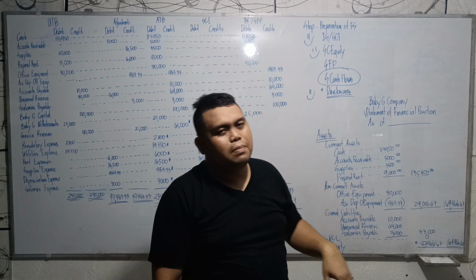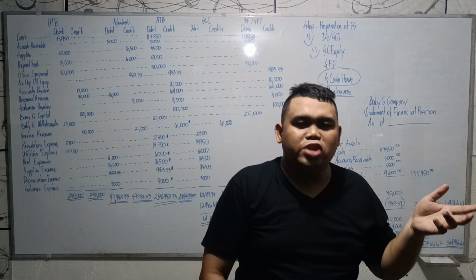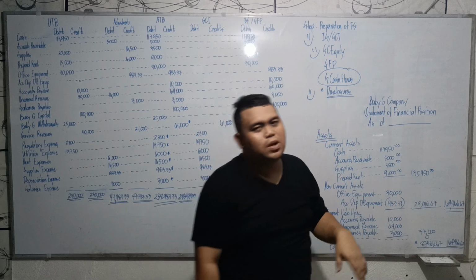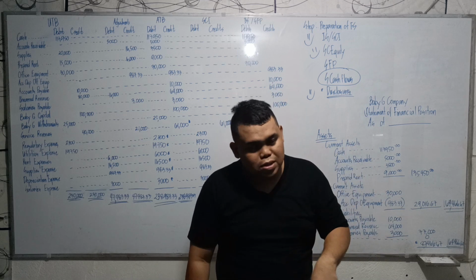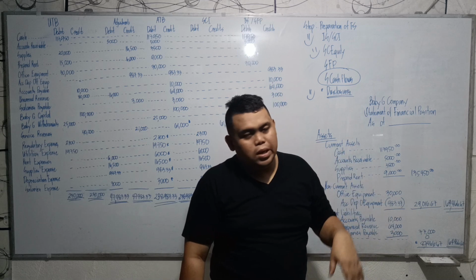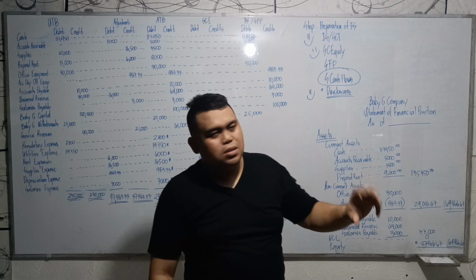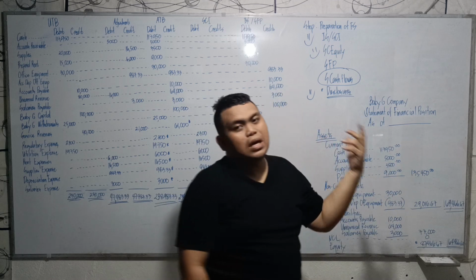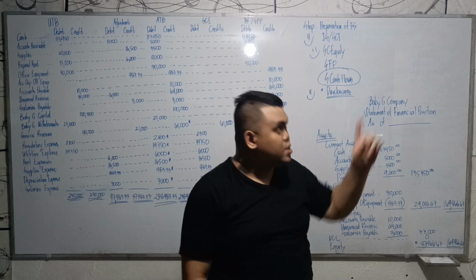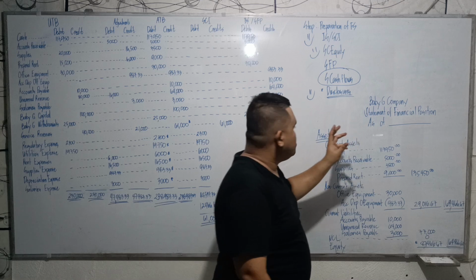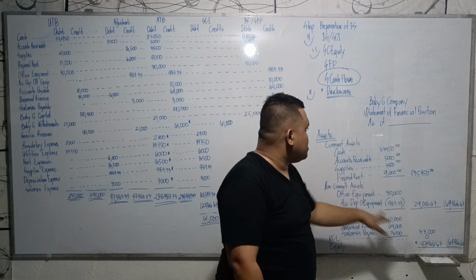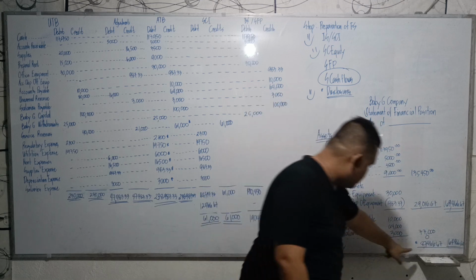So the beginning capital balance, what will change it? Of course, the investment from the owners, the income or the net loss, and the withdrawals. So if you can incorporate those things into the beginning capital, you will come up with the ending capital balance, which is very much needed to complete the statement of financial position right here.